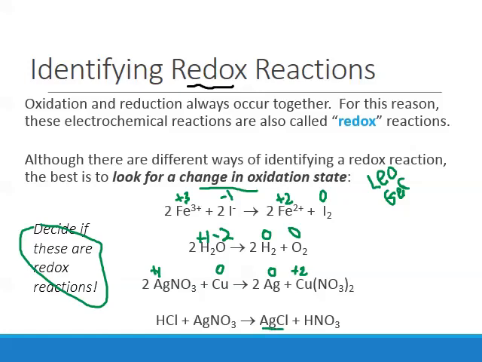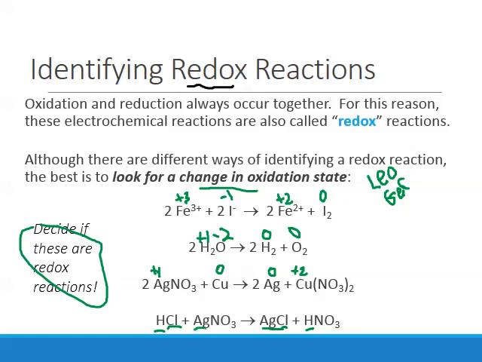But if we look at it from an oxidation numbers perspective, the hydrogen on the left is +1, the hydrogen on the right is +1. Hydrogen does not change. Chloride on the left is -1, chloride on the right is -1. It's part of an ionic compound, it's an ion -1.